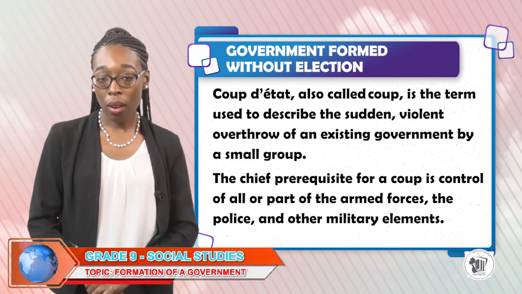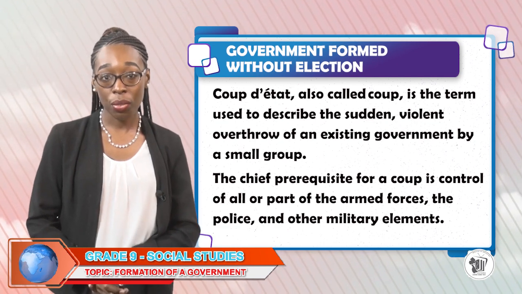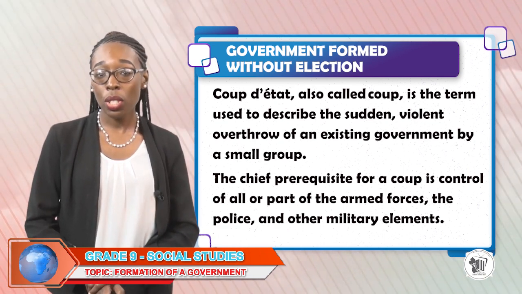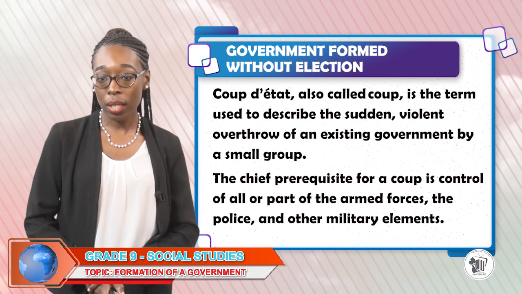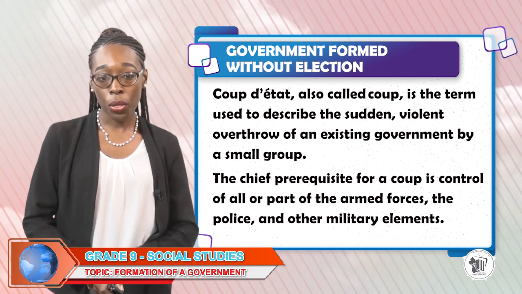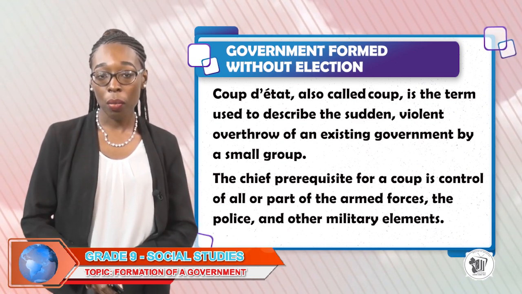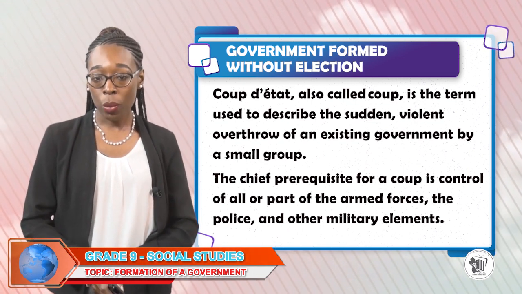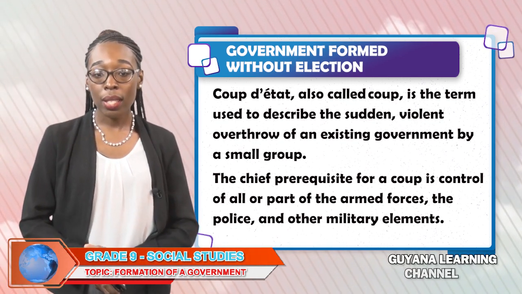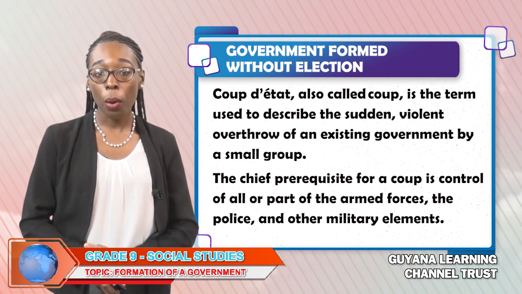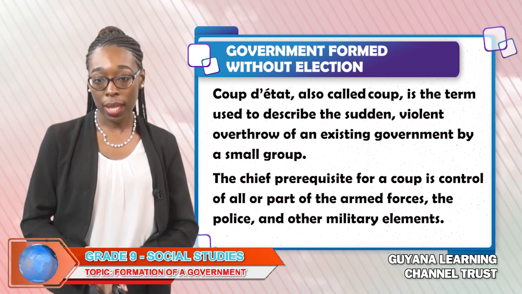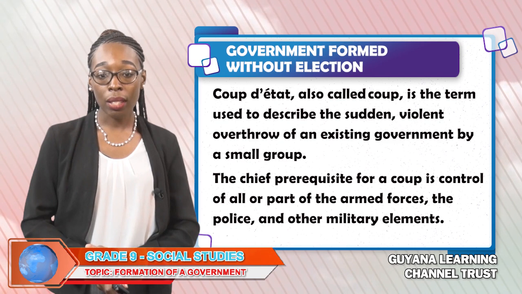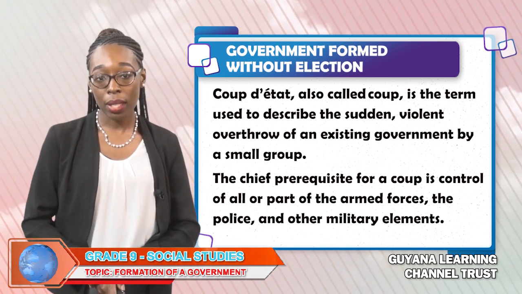A coup d'etat, also known as a coup, it's a French term, is the term used to describe the sudden, violent overthrow of an existing government by a small group. The chief prerequisite of a coup is control of all or part of the armed forces, the police, and other military elements.